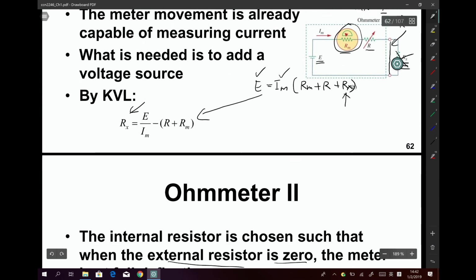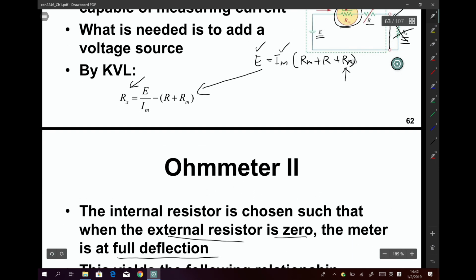Now by using this approach, it can give you another formula. In this equation, if Rx equals 0, you have E over Ifs equals R plus Rm. So your Ifs will equal E over R plus Rm, right? And you can make use of this Ifs to substitute the value of E here.